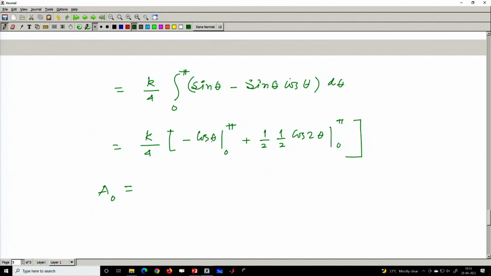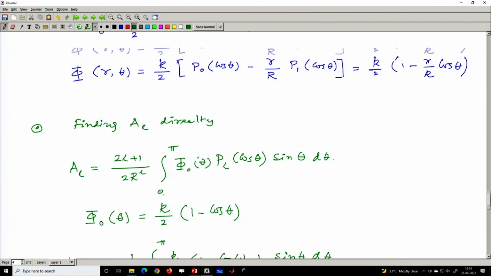When we put pi, it should be minus 1 and then minus 1, so minus of 2, plus, and when you put 0 then 1, and 2 pi gives 0, so 1 by 4. So it is simply 2, and I should have A0 as k divided by 2.